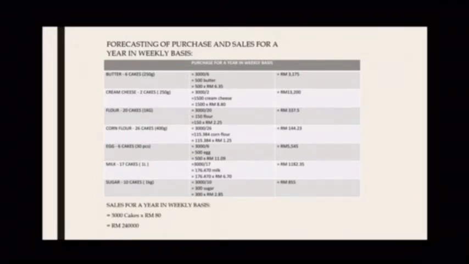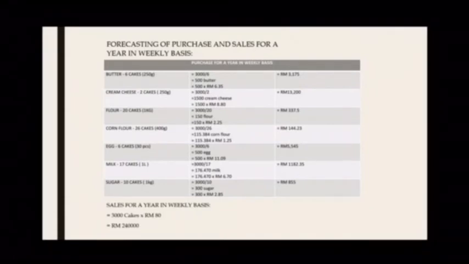Okay, this is the forecasting of purchases and sales for a year on a weekly basis. So the total purchase for butter, 6 cakes, is 3,175 ringgit. The total purchase of cream cheese, 2 cakes, is 13,200 ringgit.